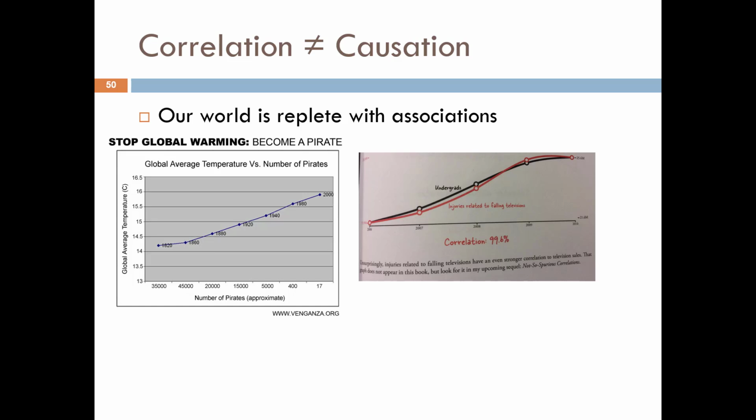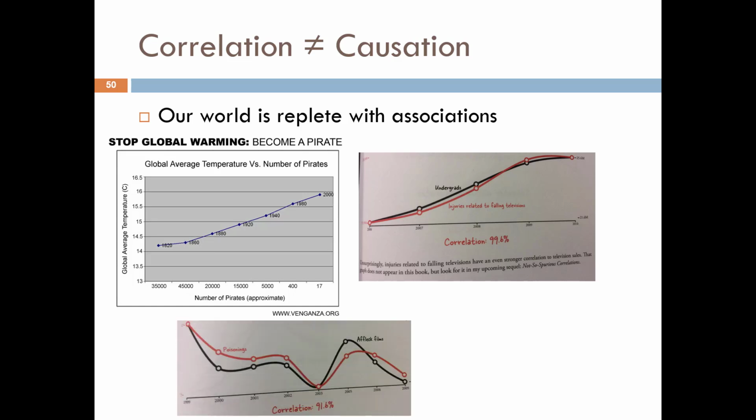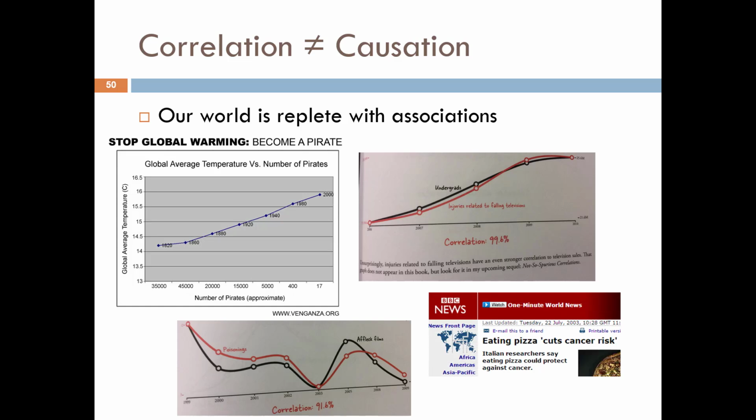And so be careful next time you're walking around on campus, because you never know when a television might fall on you. Or for some reason, poisonings and Ben Affleck films are quite highly correlated. I'm not sure what to make of that. But here's some good news for all of us. Apparently eating pizza cuts cancer risk. Ooh! Now all kidding aside, just be careful not to read causation into correlation, even though this makes it sound like a lot of fun, doesn't it?